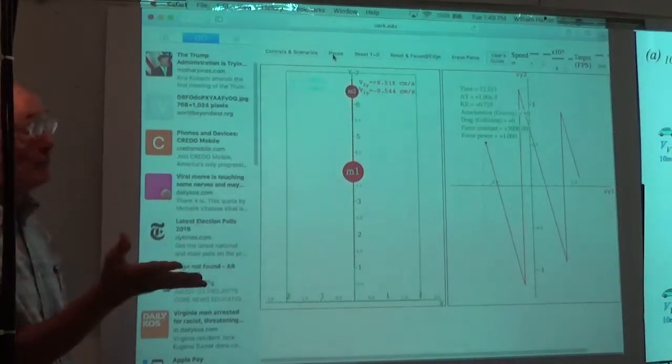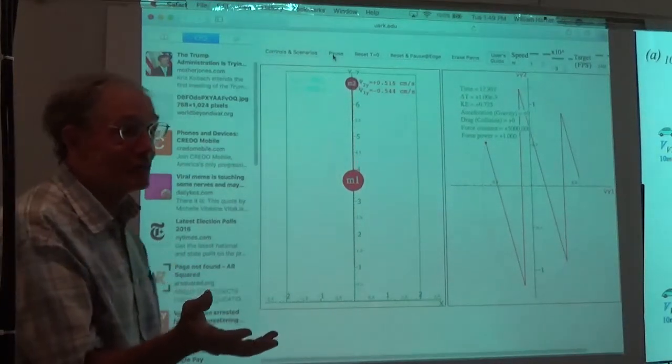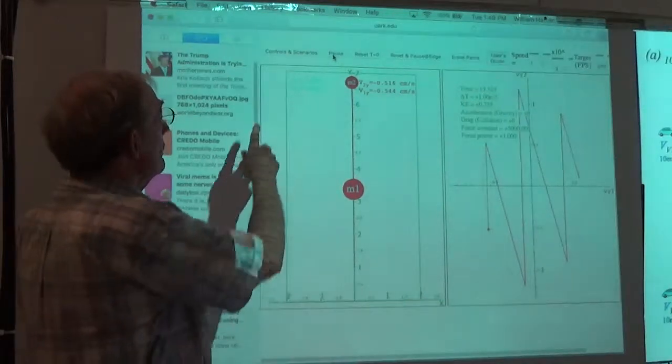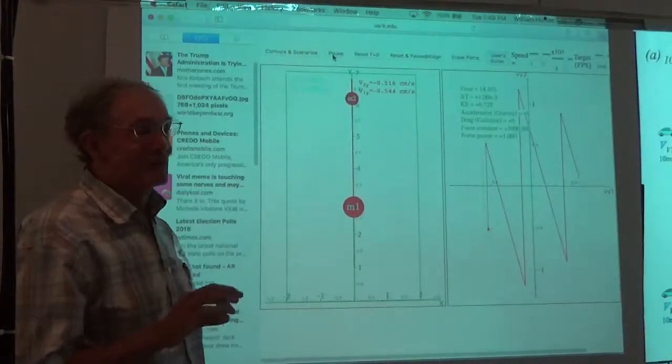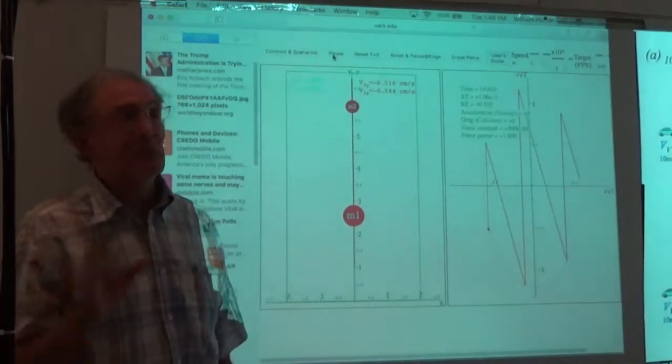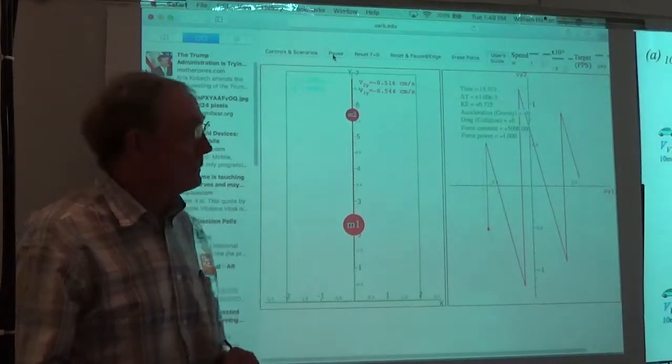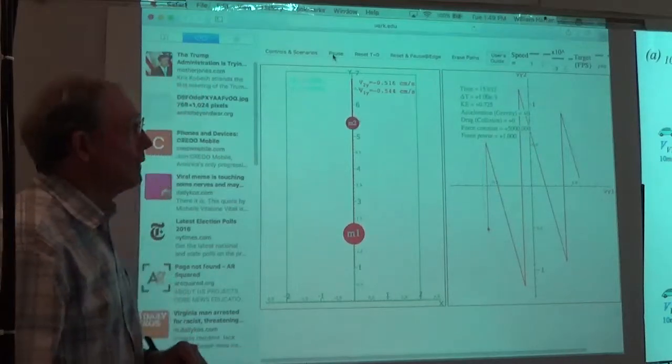And of course you can check yourself on your ellipses and things with this, because if you do the controls here, they're a little bit squirrely for setting the masses and the velocities, but it should be fairly self-explanatory. Have any questions?